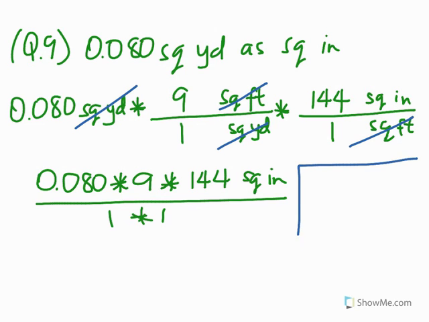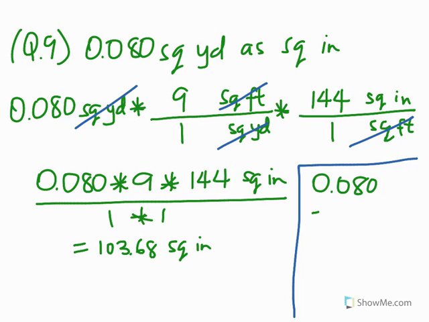When you do this problem, you have 103.68 square inches, right? But your original quantity, 0.080, has 2 significant digits, right?